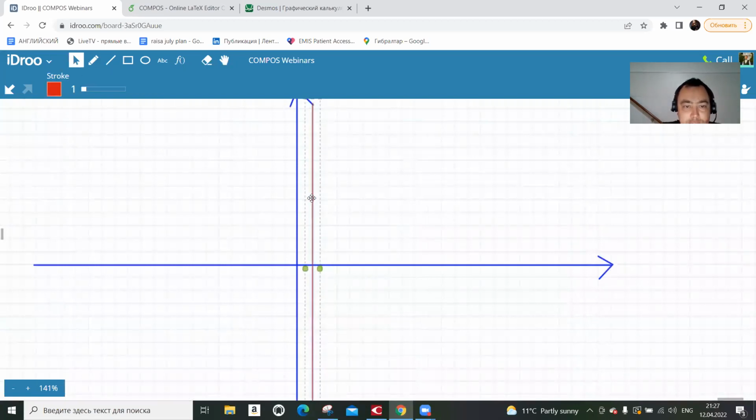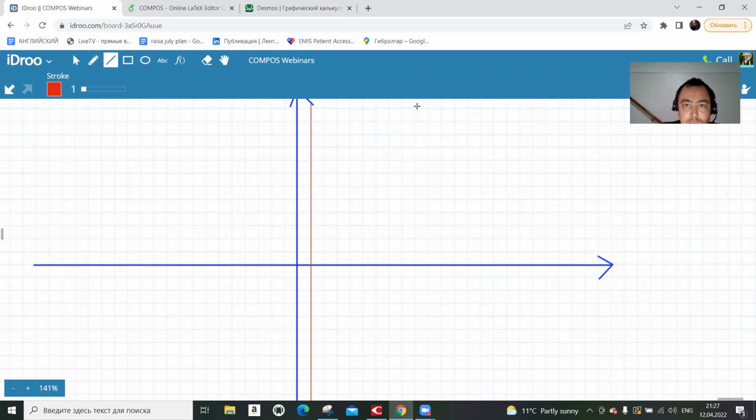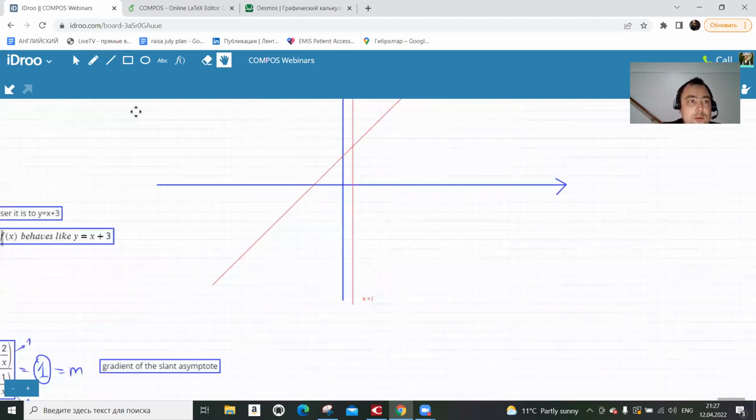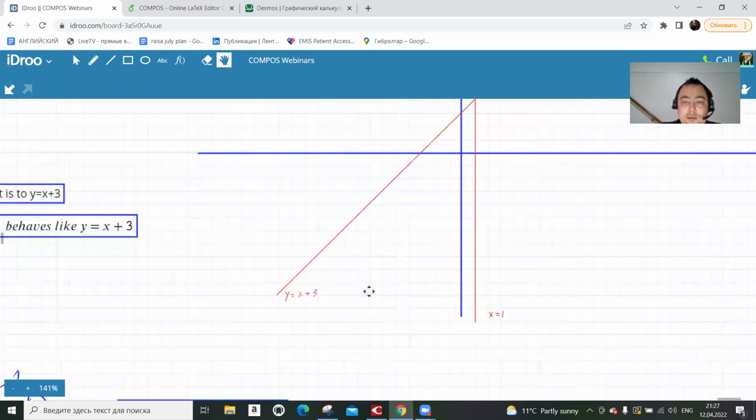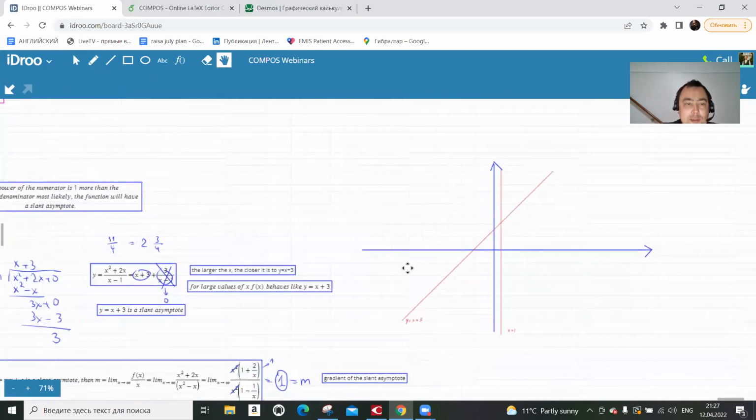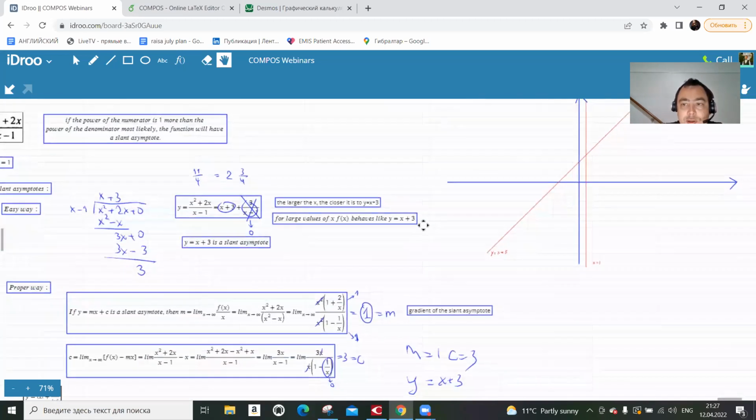Okay, I can't afford so much space. This is the other asymptote. So y equals x plus 3. This is another asymptote.